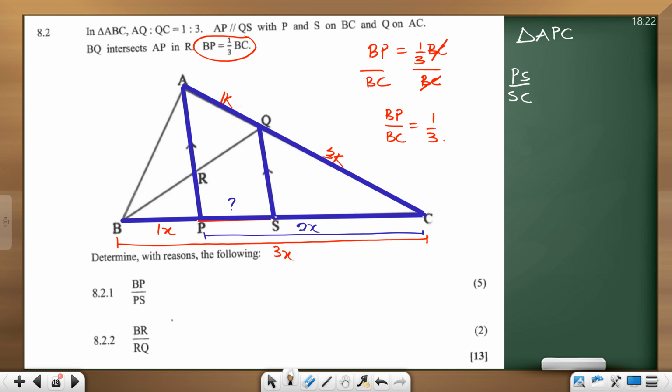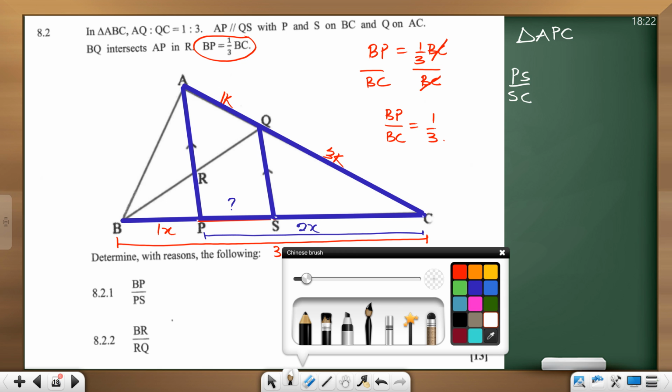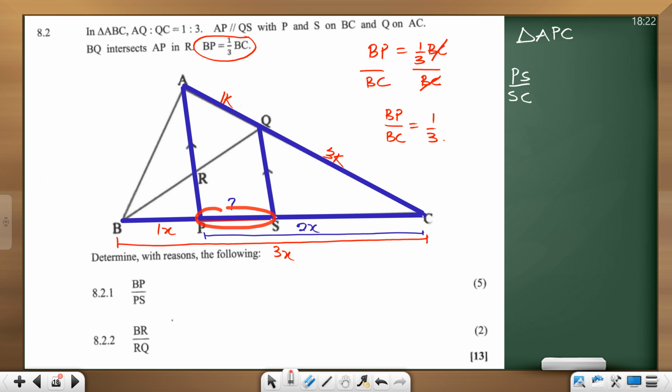What do you think it will be equal to on the other side? This side over this side, you are looking at this triangle. You repeat that same pattern on the other side. What am I going to have? AQ over QC.